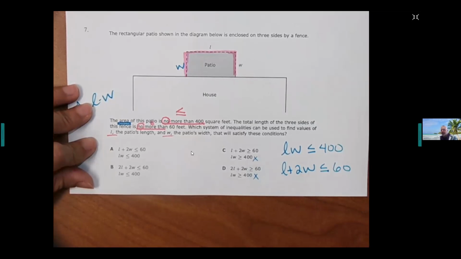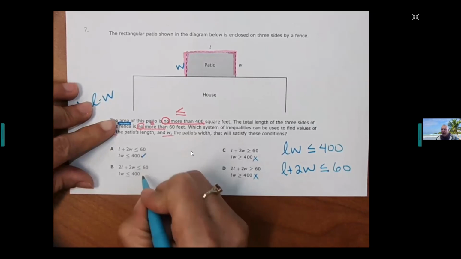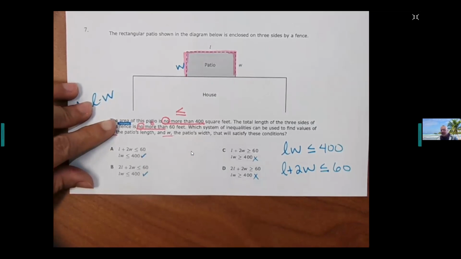Now let's go over to A and B. L times W is less than or equal to 400 in both, so A and B are the same. Now we look at the second equation and make our decision based on it.